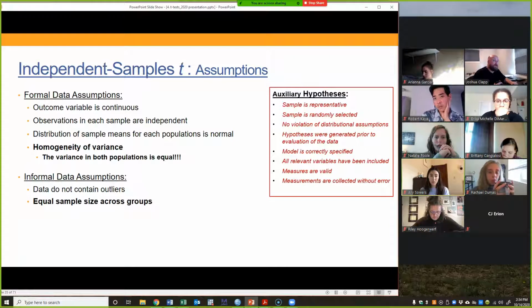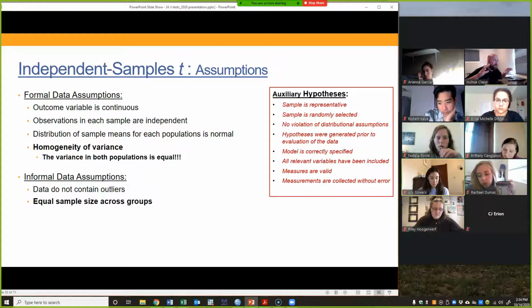Okay. So that, and then our auxiliary hypotheses. Remember that the whole foundation of our null hypothesis testing is assuming certain things about how we've collected the data, right? So it has nothing to do with the actual observed scores that we're seeing. It's having to do with the methodology, right? Because all of these tests were developed in a theoretically perfect experiment where our sample is representative, our sample is randomly selected, I don't have violations of my distributional assumptions, my hypotheses were generated prior to the evaluation of my data, I've got a correct model, everything that needs to be in the model is included, nothing that doesn't need to be in there is included, my measures are valid, my measures are collected without error, right?